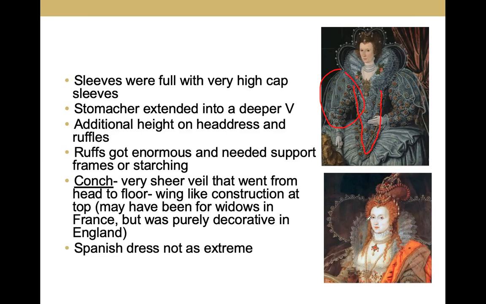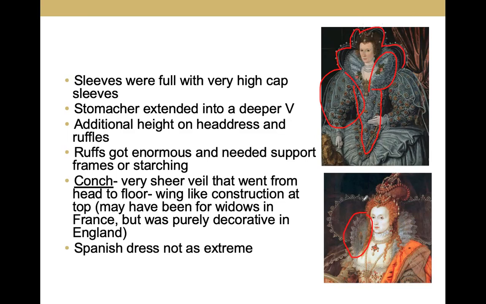The women's ruffs, they also wore ruffs. They looked a little different than men's, but they were lace and they were stiffened and they came up around the neck. So you can see the ruffs here. And then there was another item called the conch. The conch is this sheer veil. You can see it's got a wire structure going around it, and it's filled with a fine net fabric.